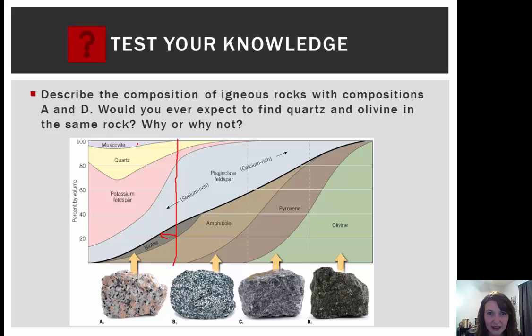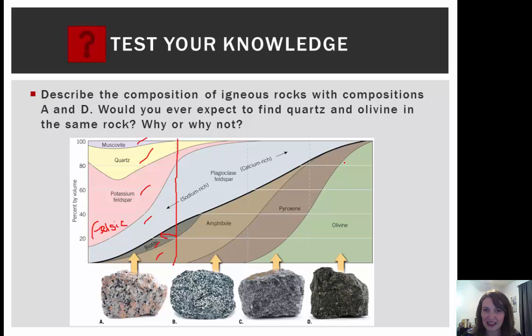So I see muscovite, I see quartz, it could have potassium feldspar, it could have plagioclase feldspar, biotite, and amphibole. So this is going to be felsic. Let's see how great my writing with this is.